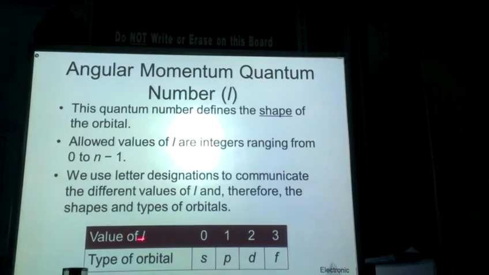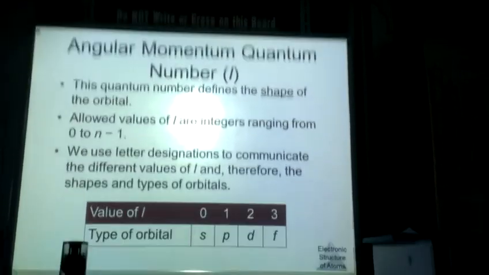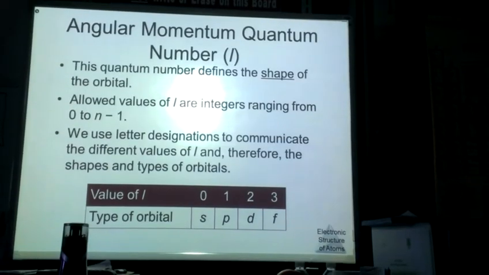If the value of L, or angular momentum quantum number, is 2, I'm going to be talking about the d orbital, and if it's 3, I'm going to be talking about the f orbital. The ones that we should be focusing on are s, p, and d. We probably will not focus on f so much, just because there's a lot of debate right now about what the f orbitals actually look like.